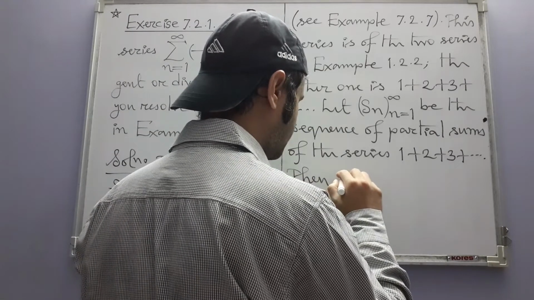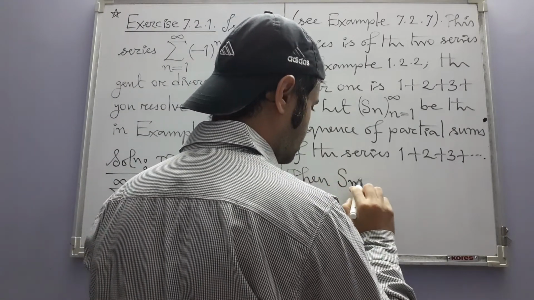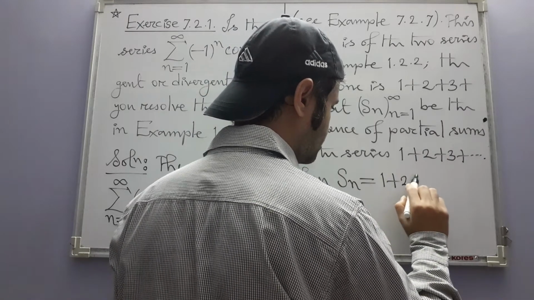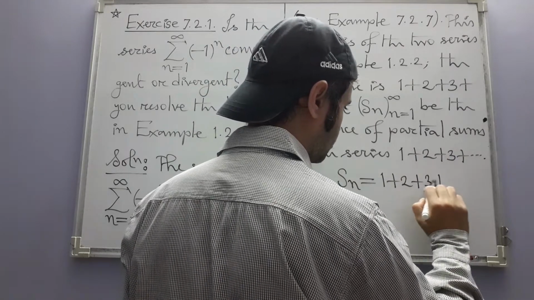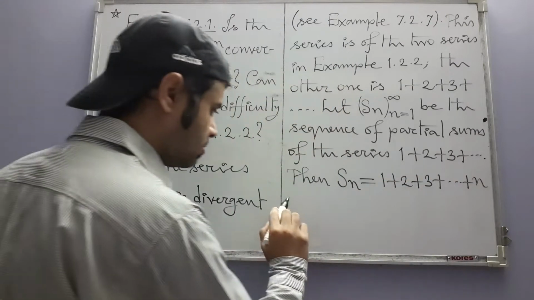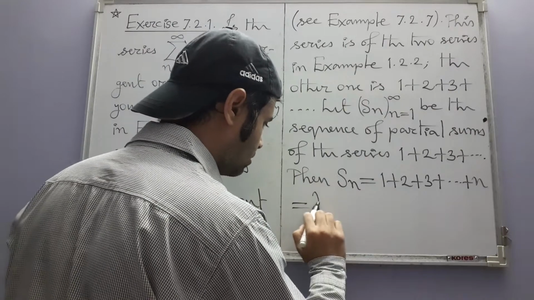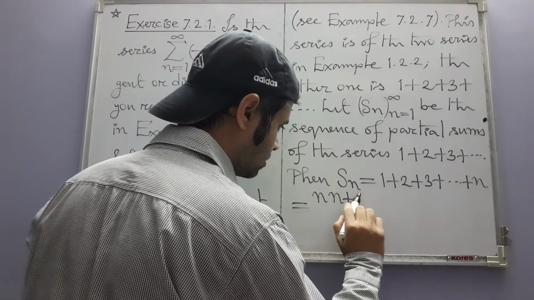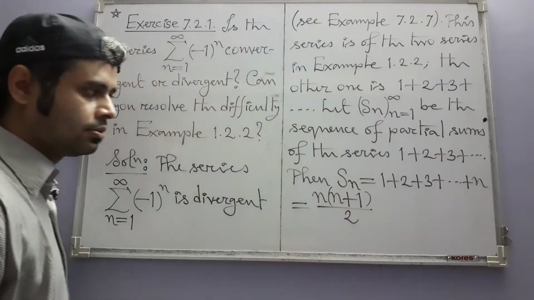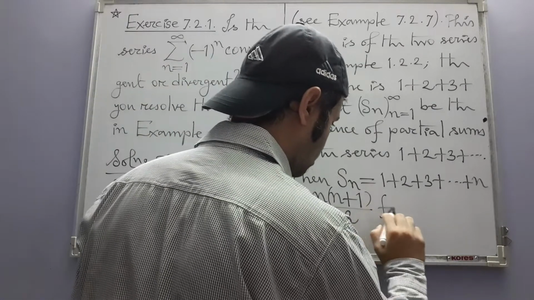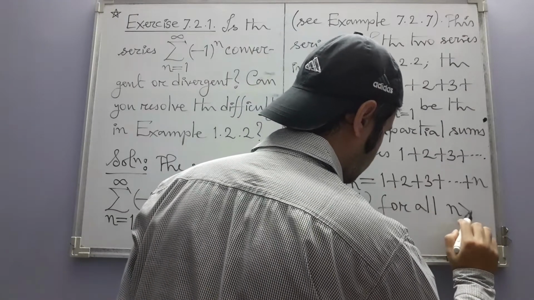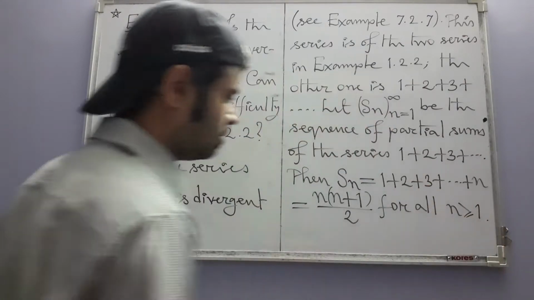Then Sn is equal to, by definition, the finite series this, and by that formula this equals n times n plus 1 divided by 2 for all positive integer n.